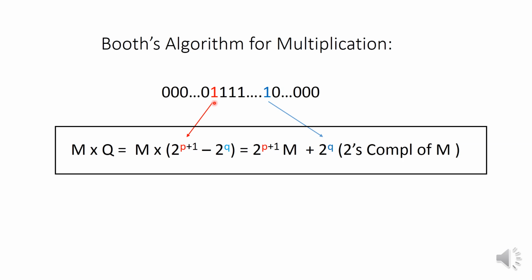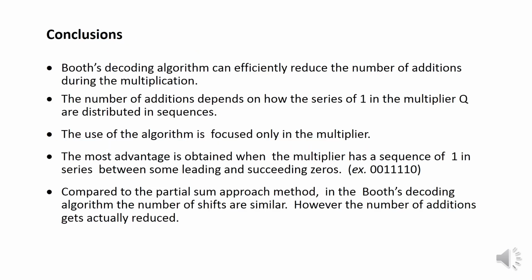And these are P and Q. I emphasize again that the Booth's algorithm stresses the format of the multiplier Q, but the multiplicand M can be any number, including or not a sequence of ones. And these are the main conclusions of this presentation.